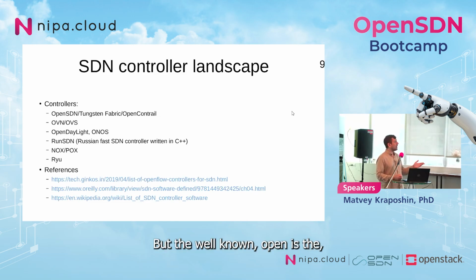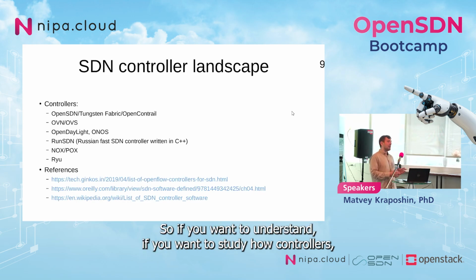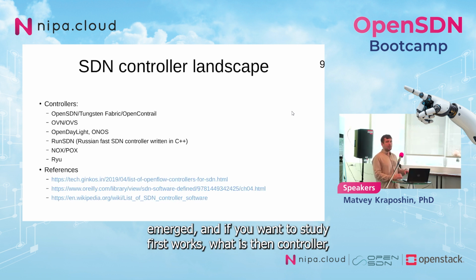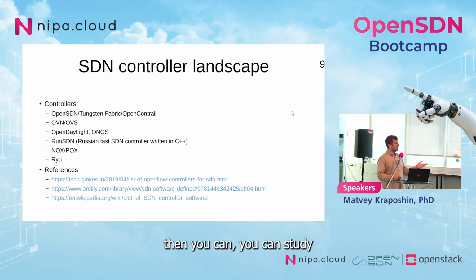But the well-known ones are OpenSDN, Tungsten Fabric, OpenContrail, OVN, OVS, OpenDaylight, RunSDN, NOX, one of the first SDN controllers. So if you want to study how controllers emerged, and if you want to study the first works about SDN controllers, then you can study NOX/POX, RU and others.